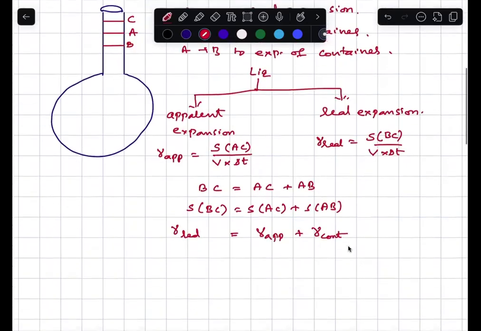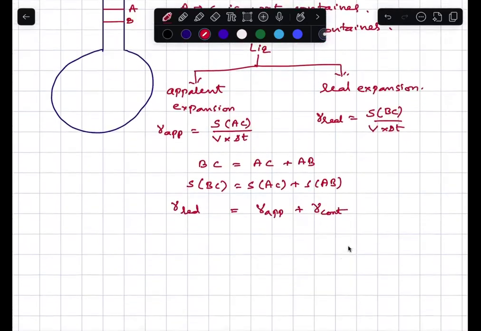Generally, we don't express gamma for solids. We will express everything in terms of alpha. So therefore, gamma real is gamma apparent plus three alpha. That is the relationship between the three coefficients of expansion.